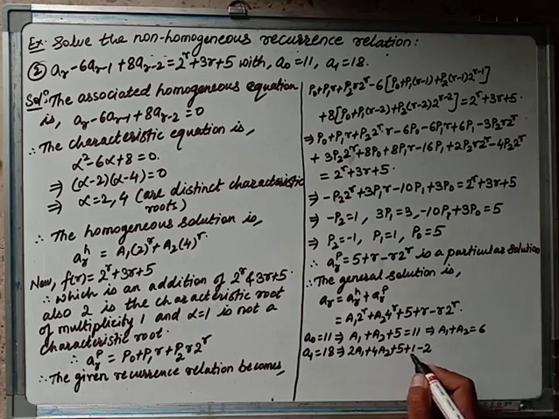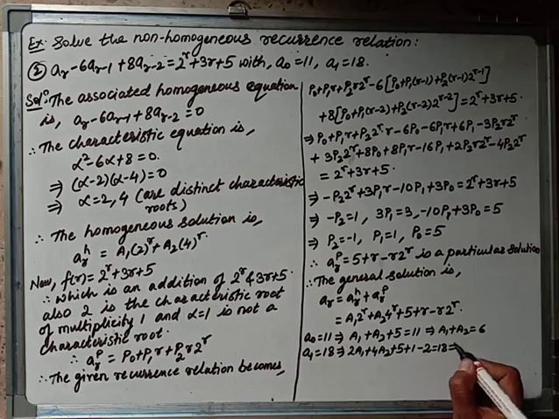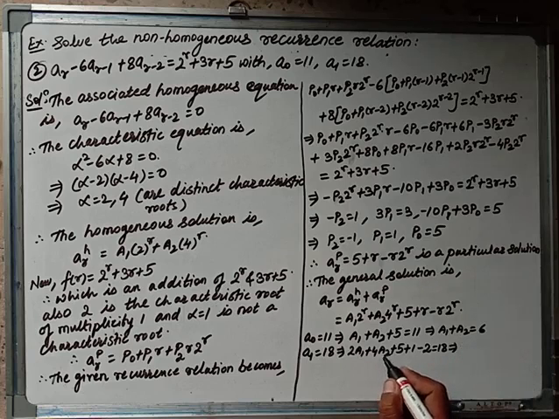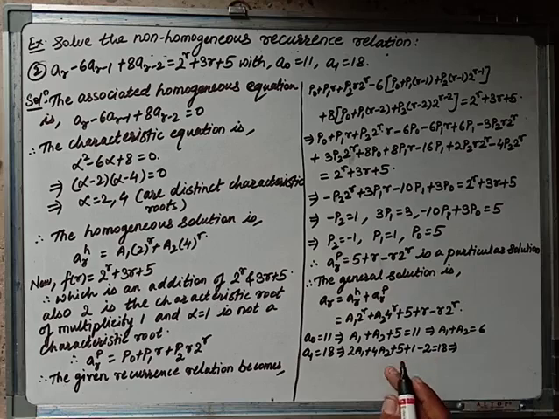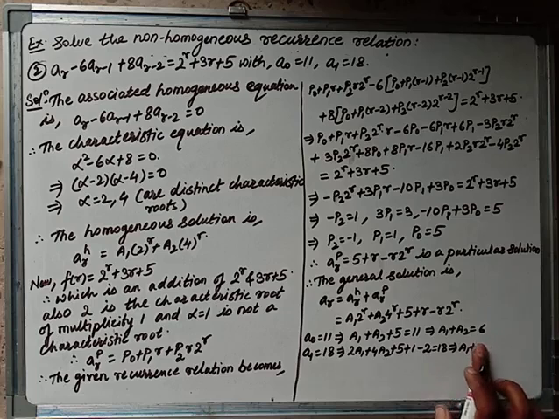So 5 plus 1, 6 minus 2 will be 4, equal to 18. 18 minus 4 will be 14. So 2A1 plus 4A2 is equal to 14, not 16. So it will be as such.